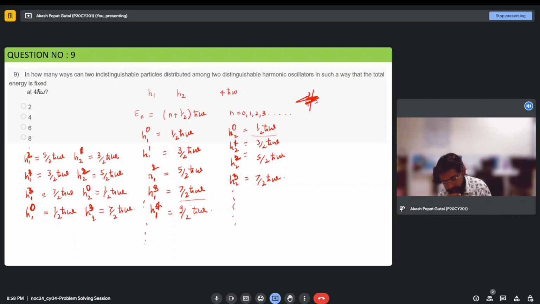So each time one particle can occupy one harmonic oscillator, and the total number of combinations we will be getting is, because the indistinguishable particles are there, 4 different combinations for the total fixed energy of 4ħω.